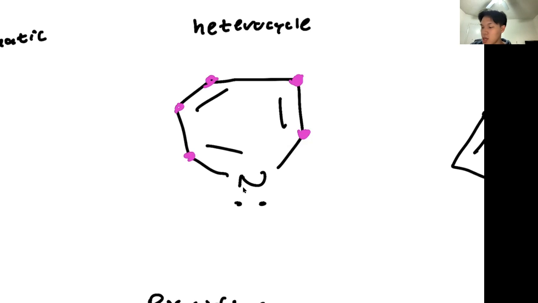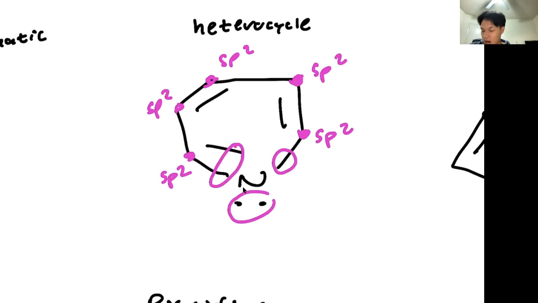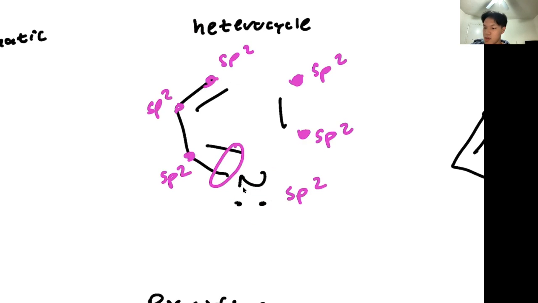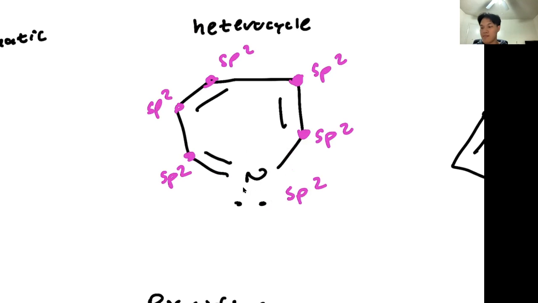So this one is sp2, which is good. sp2, sp2, sp2, sp2. And you may think to yourself that the nitrogen is also sp2, right? So it looks like it follows the planar rule that we have.